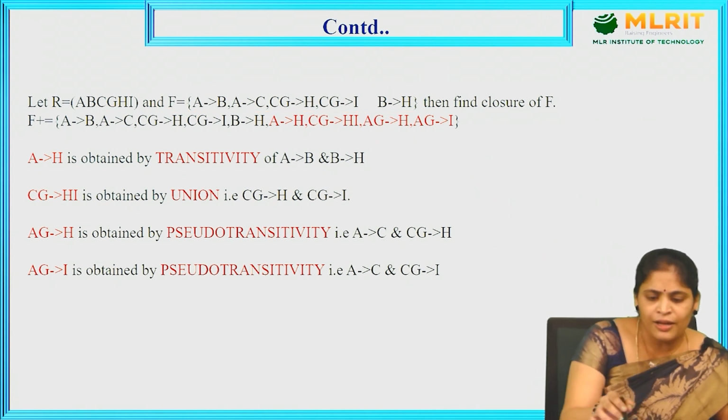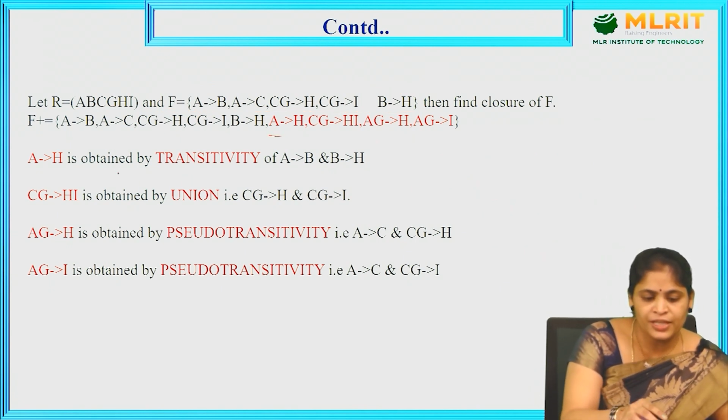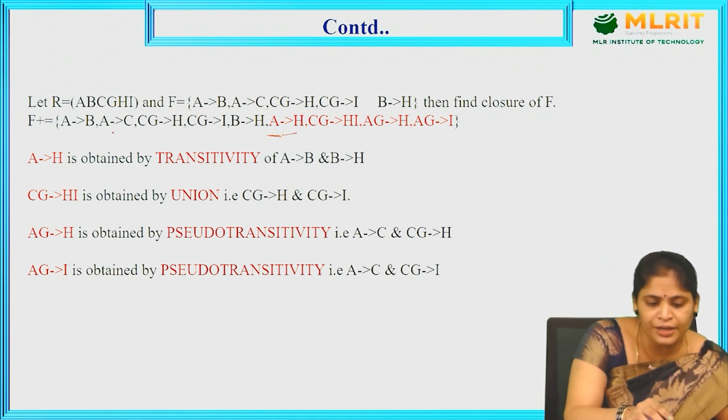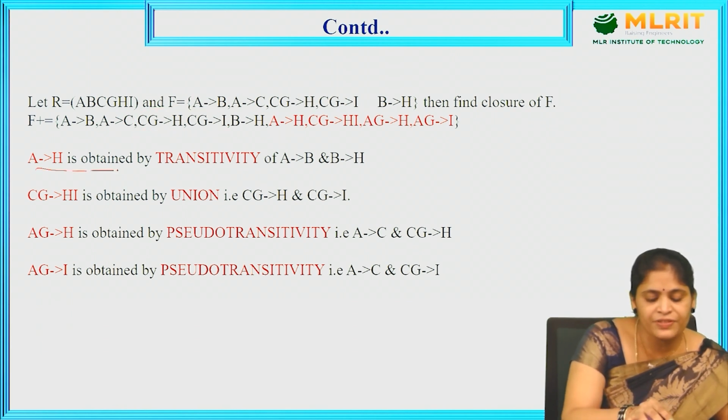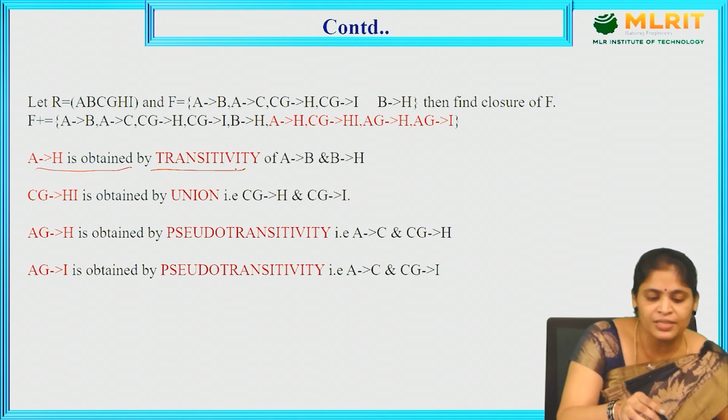See here, A derives H is obtained by considering these two. Why? A derives H is obtained by considering transitivity. What is the transitivity?